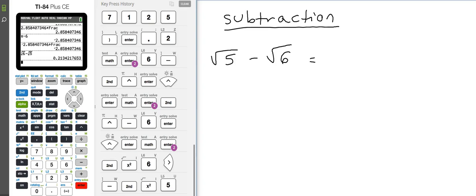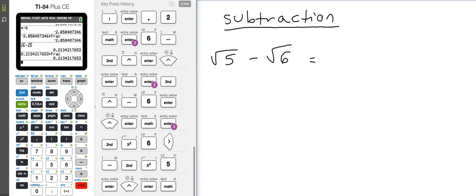Let's see, is this rational or irrational? No, the calculator was not able to convert it to a fraction for us. We did up arrow to copy it to the next line. Math frac was not able to convert it to a fraction, and therefore when you subtract square root of 6 from the square root of 5, it is irrational.